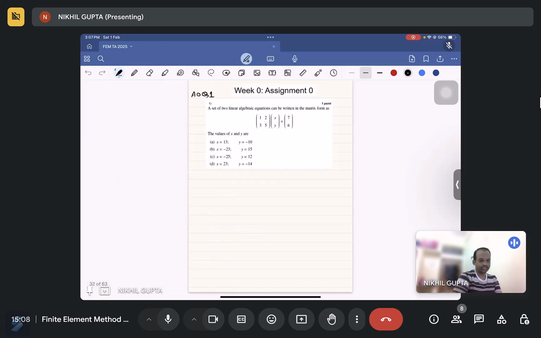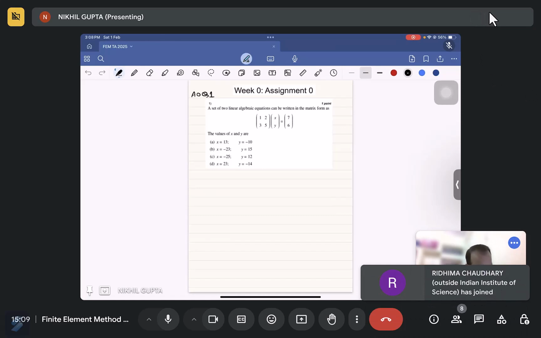So this is question number 1 of the week 0 assignment. Did anyone solve it? This is a very simple question, so I won't wait. A set of linear algebraic equations is given in matrix form, and you have to get the values of x and y.